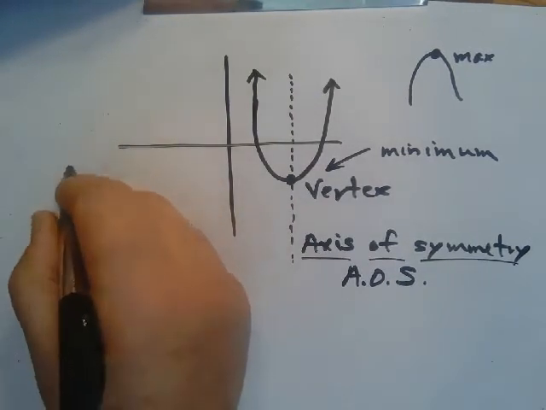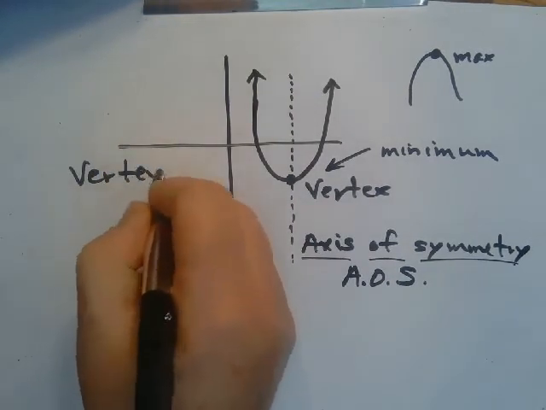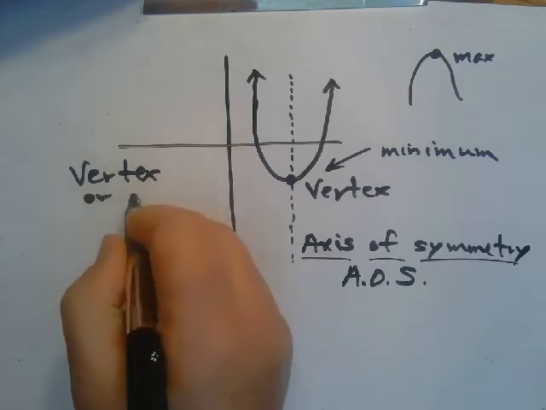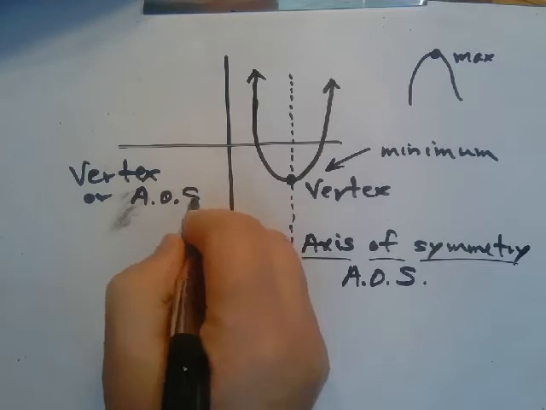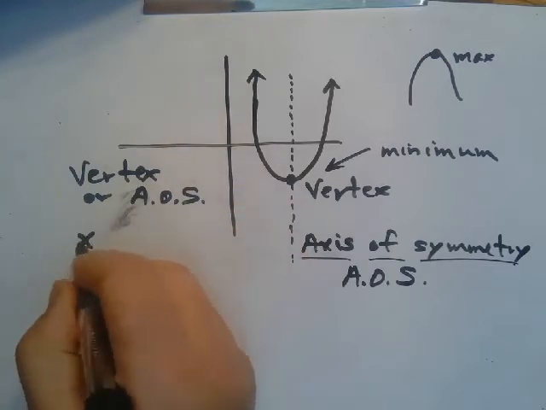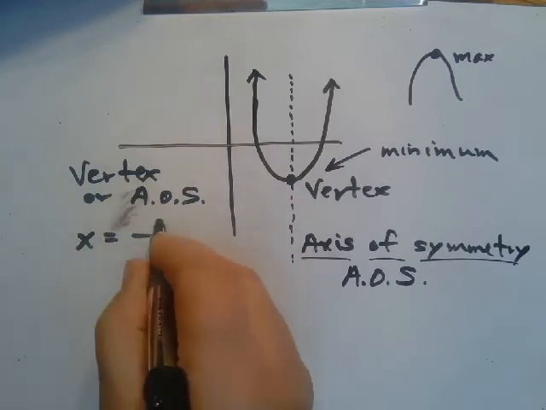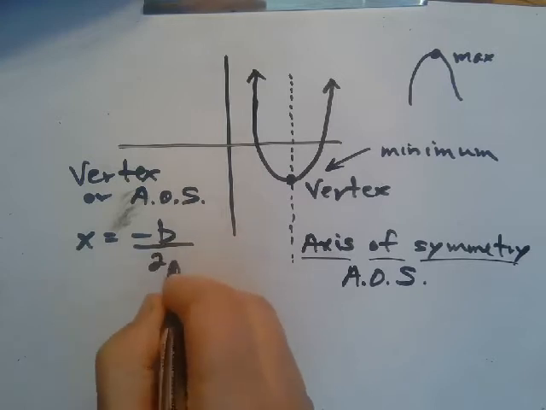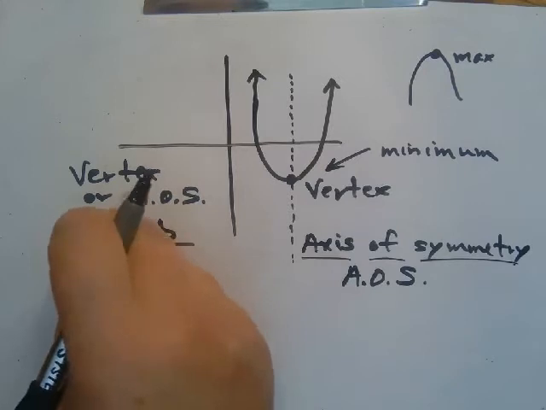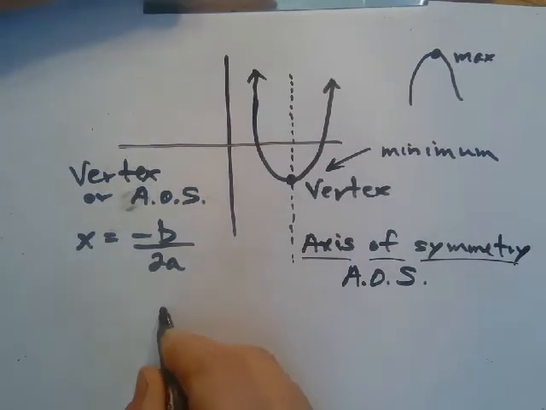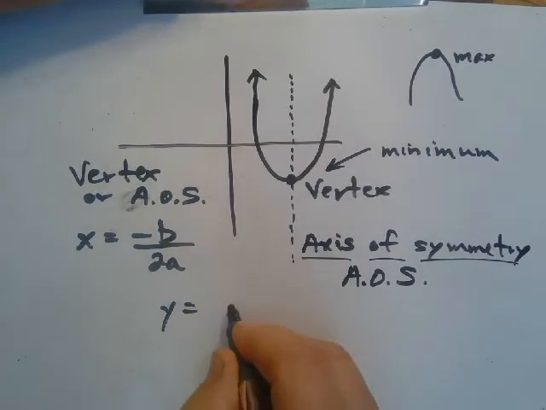Well, the formula for finding the vertex or the axis of symmetry is this formula. The x value is equal to negative b over 2a. Negative b over 2a.